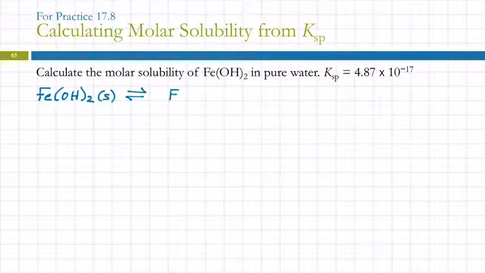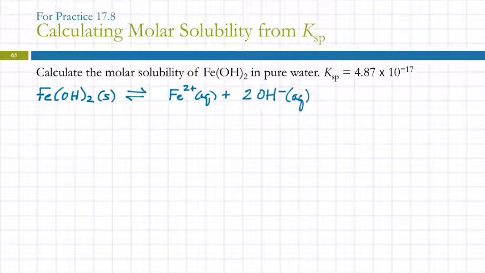So we've got iron 2 ions that are forming, and we've got hydroxide ions. And there's going to be 2 hydroxide ions. So there's another skill from 1A coming back. You need to be able to separate these into the ions with the charges and balance the equation.